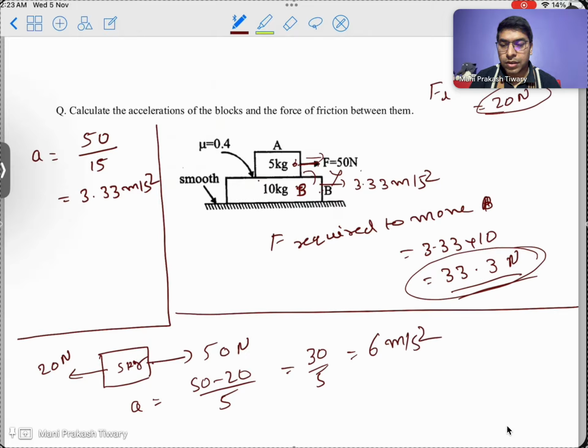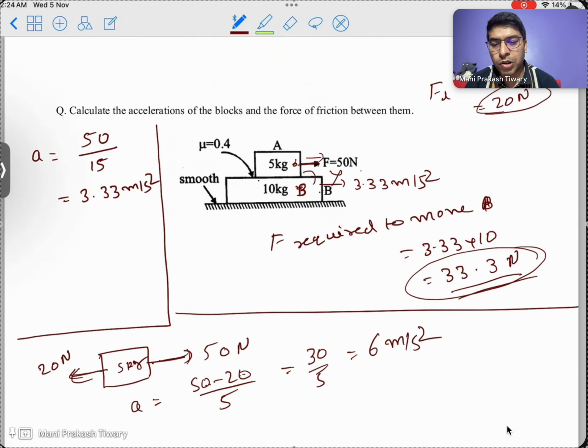Clear? The friction force opposes this motion, and the 50 Newton is trying to move it in this direction, and the net force is 50 minus 20.